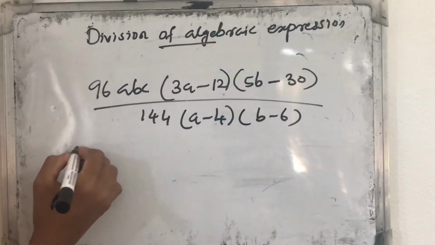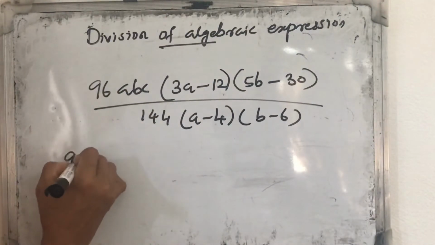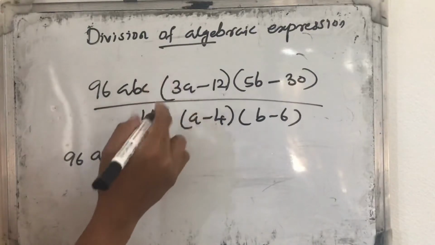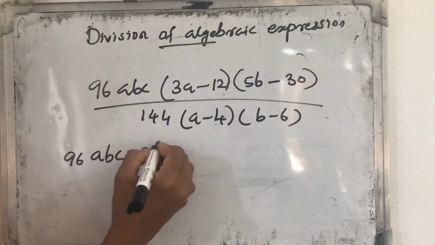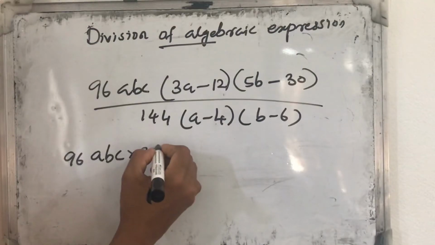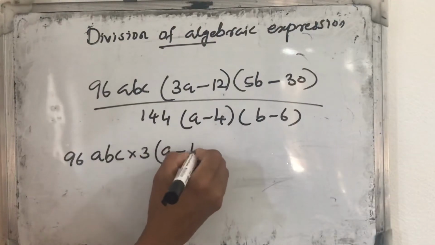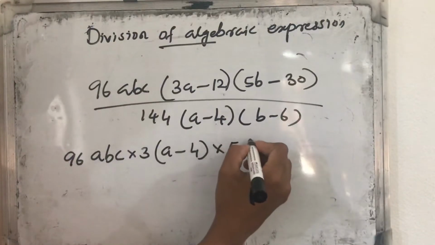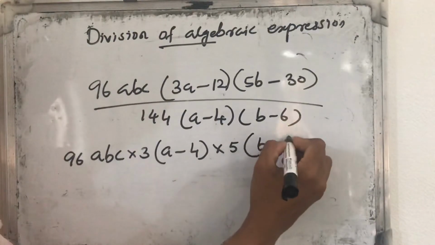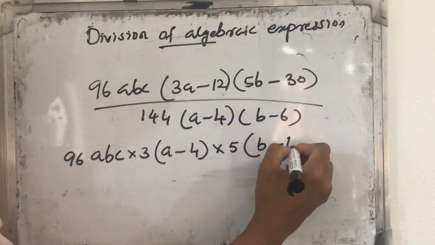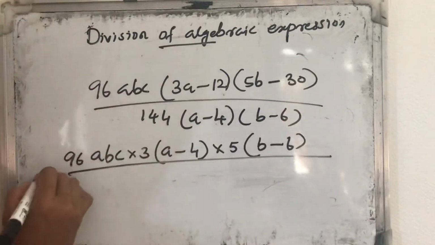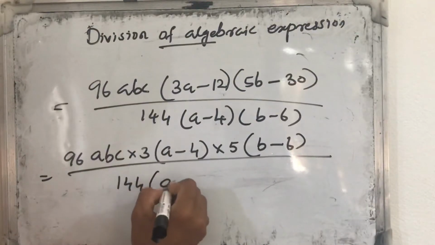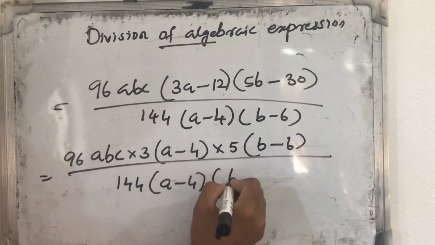Then when we write 96abc, taking 3 outside we get a minus 4, and taking 5 outside we get b minus 6, divided by 144 into a minus 4 into b minus 6.